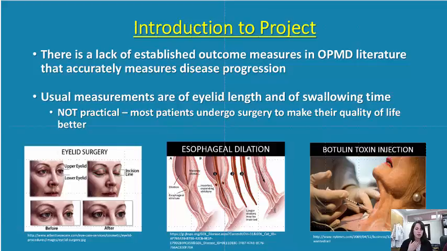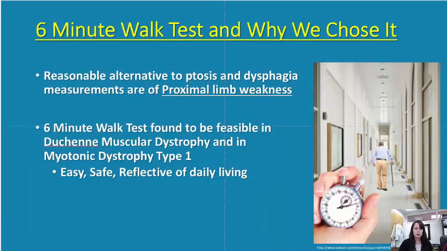Patients can receive Botox injections to make swallowing easier, they can undergo esophageal dilation, or they can get eyelid surgery to raise their eyelids, and several other procedures to better their quality of life. Most OPMD patients get at least one of these procedures done, and therefore other outcome measures should be defined in order to accurately measure disease progression in OPMD.